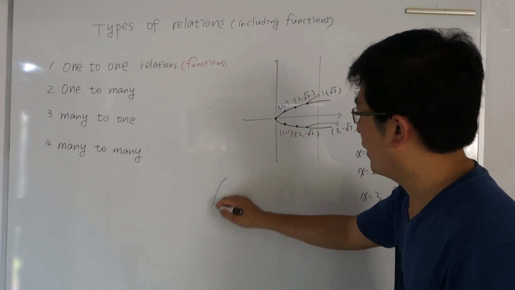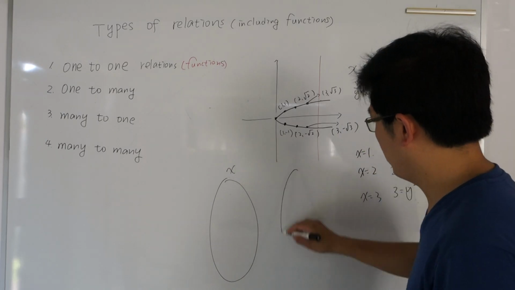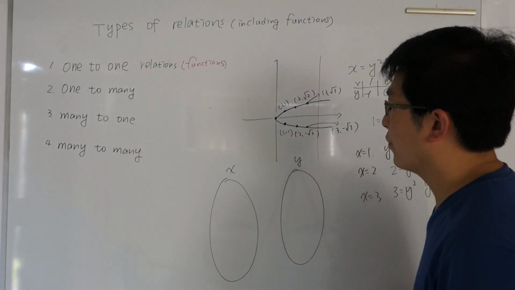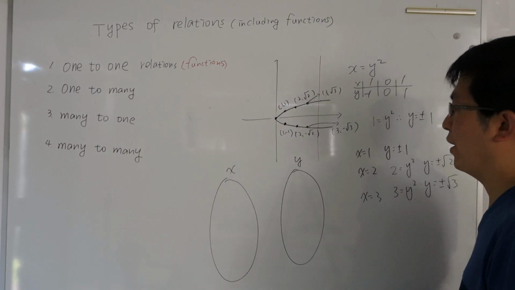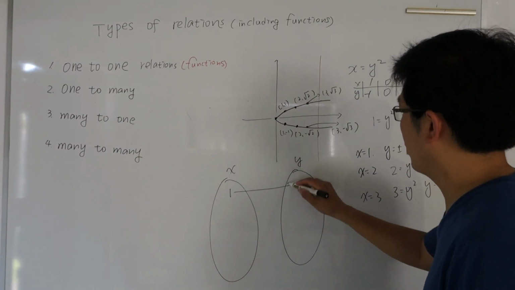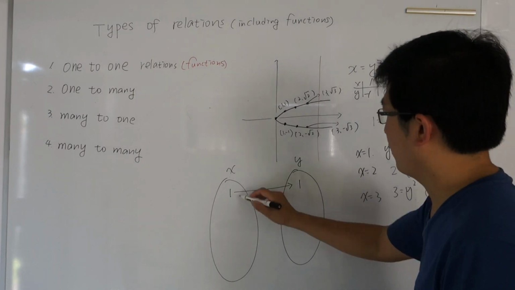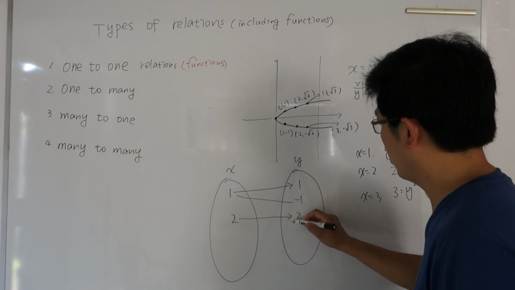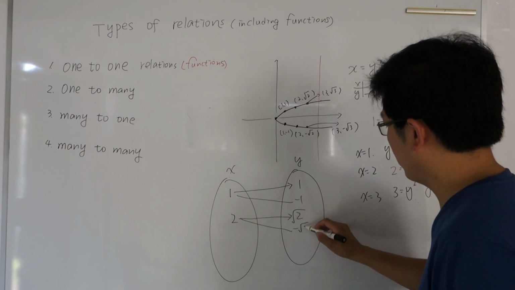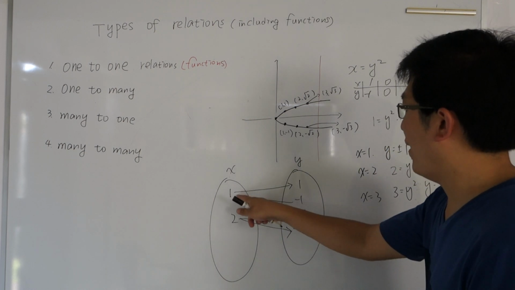So this is one to many. It means if you have an x value, you will have at least two y values. For example, 1 will go to 1 and then negative 1. 2 will go to square root 2 and the negative square root 2, right? This is called one to many.